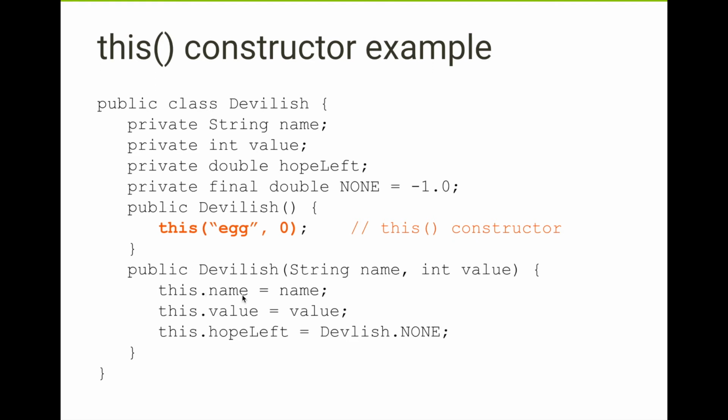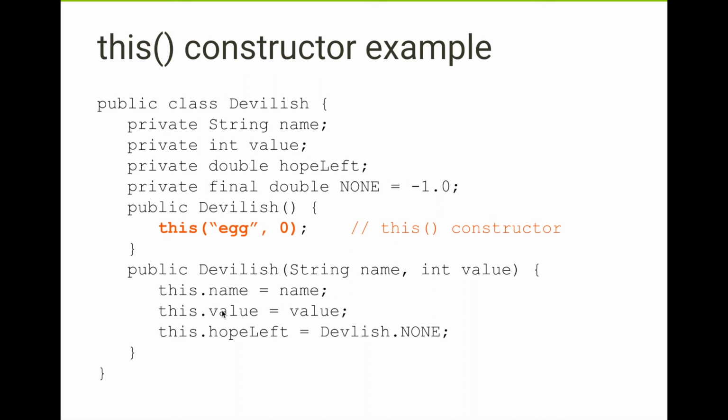Look at this. This constructor down here has 2 parameters, String name and int value, and what it does is it uses the this dot to get access to the instance variable name, and then it uses the name from the formal parameter and assigns that into the instance variable.